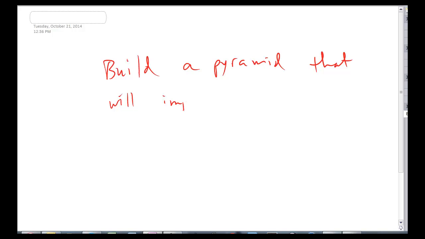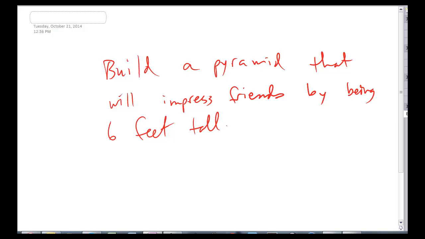So build a pyramid that will impress friends by being 6 feet tall. How many cans do I need?